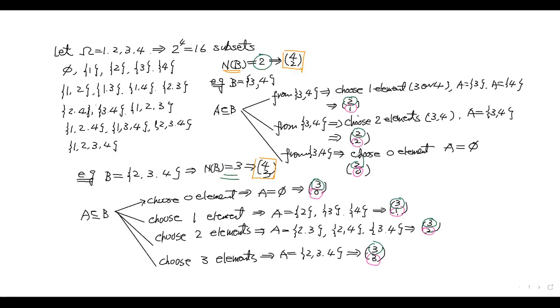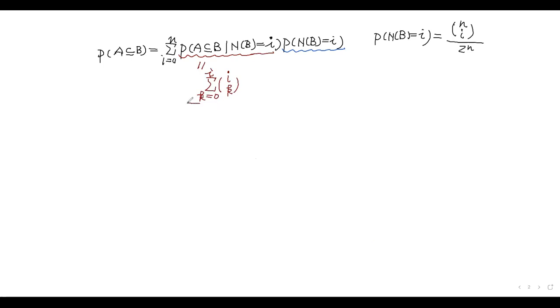So you add those up, 0 to I, then over 2 to the n power. So this probability is here, and this probability is here. Now let's write this.